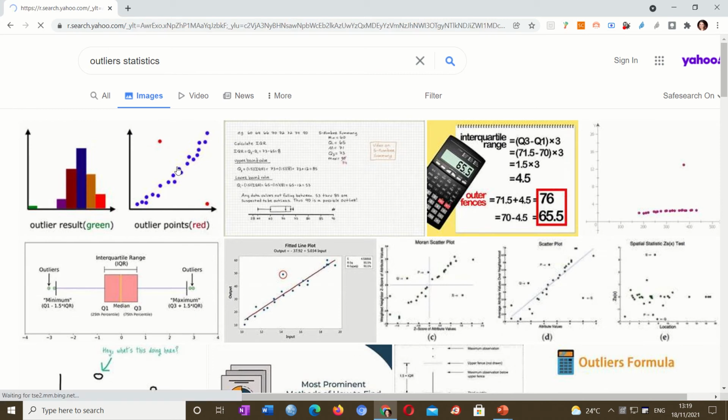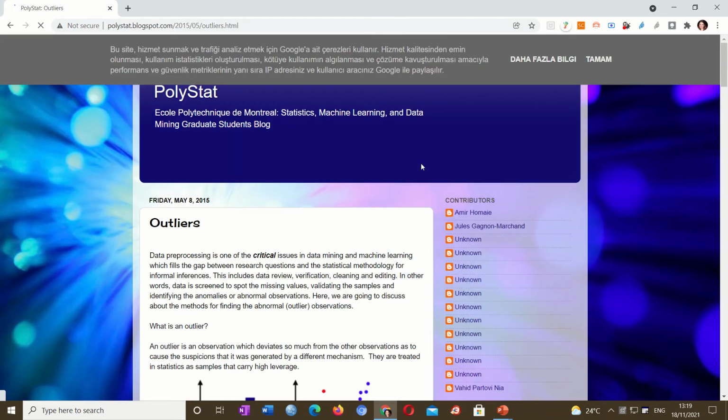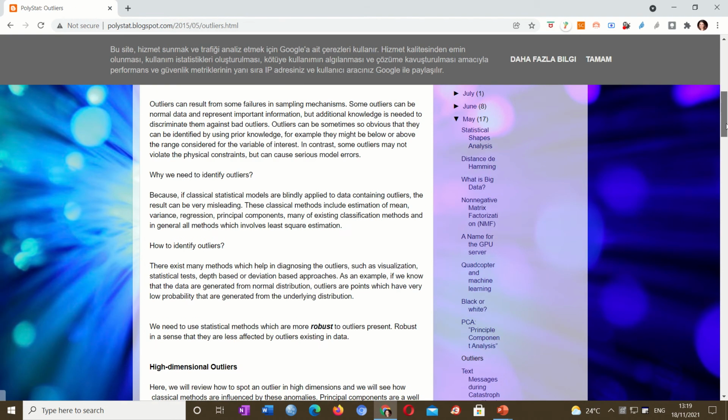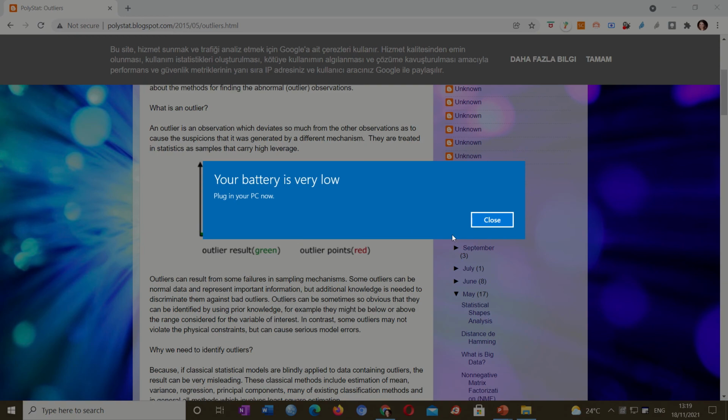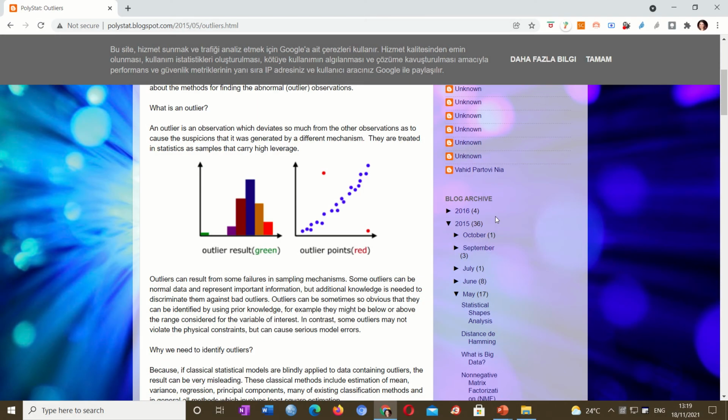Okay, now we have an image. These are outliers, okay? All the other points are close to each other, except these 2 points.